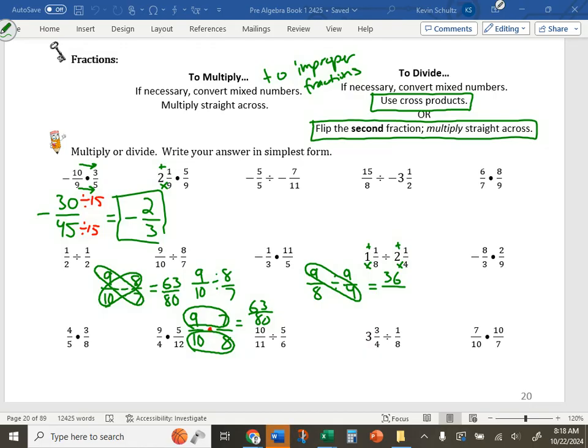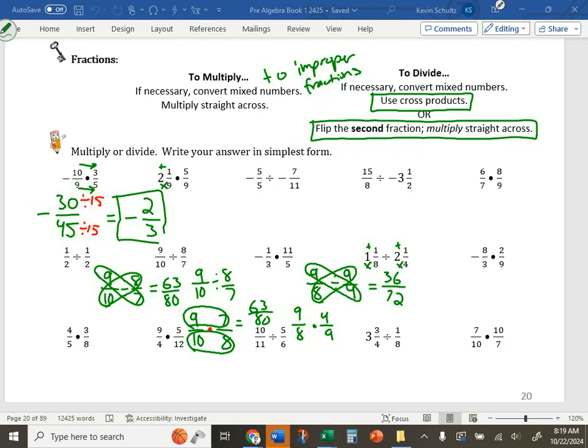And then multiplying 8 times 9, that 8 is in the denominator of your first fraction, and that's where the 72 is going to go. Okay? If you flipped it, you've got 9/8 times 4/9. And now when you multiply straight across, 9 times 4 is 36, again in the numerator. 8 times 9 is 72, again in the denominator.